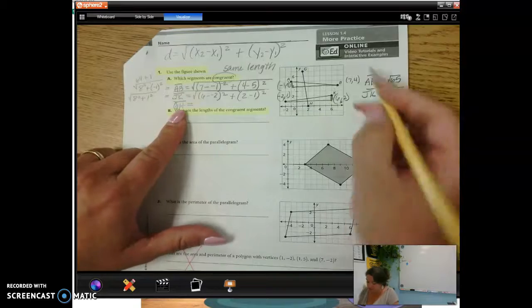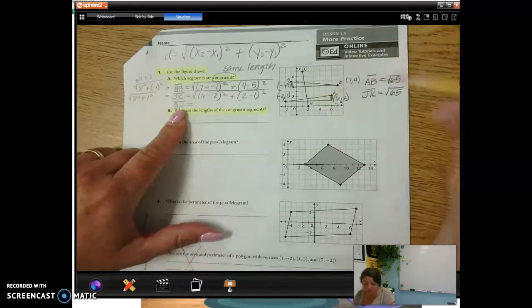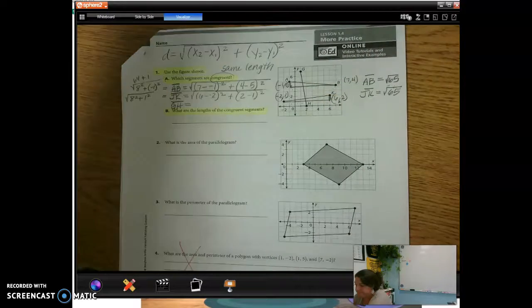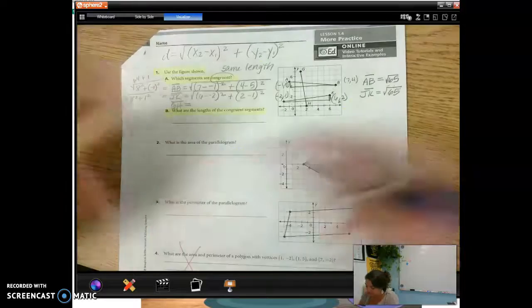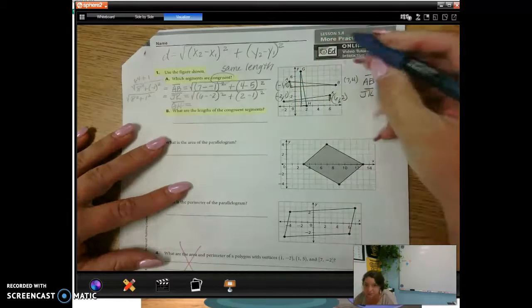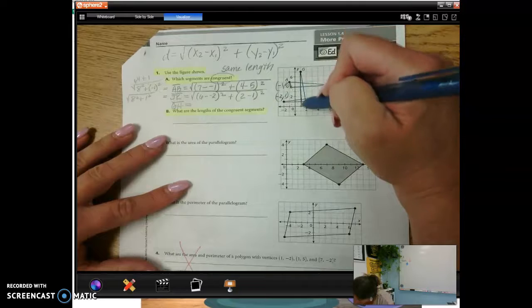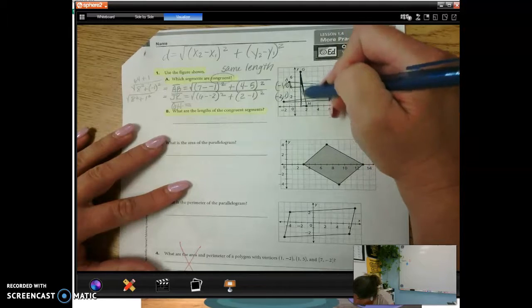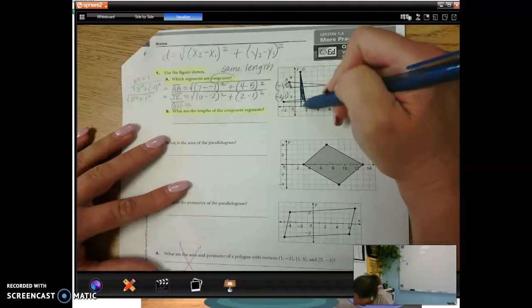Let's go find GH. I'm thinking that GH is going to be a different length, but let's go verify. So I'm going to draw a triangle. I'm going to make this one blue. Maybe you can see it a little bit better. So here's my triangle. You can't really tell that it's blue. And let's count.